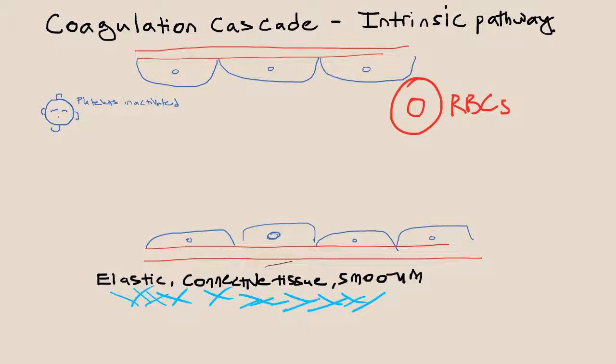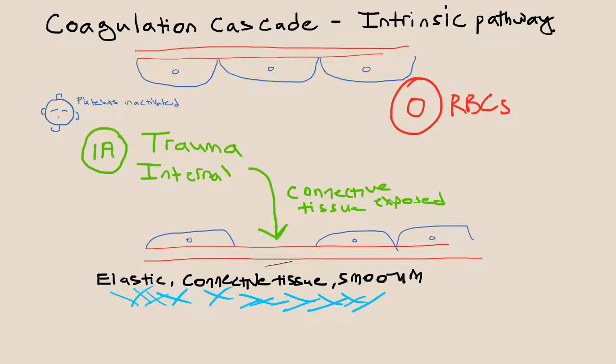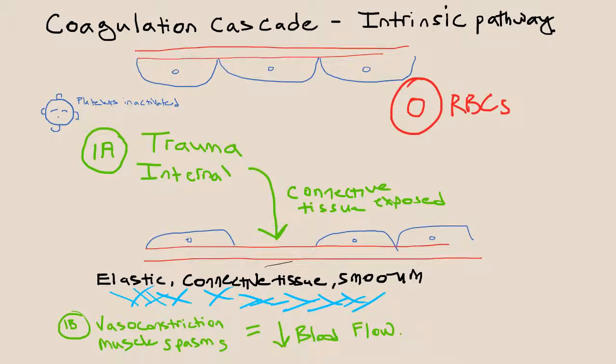You chew the Cheetos, they're still a little rough, peristalsis takes them down your esophagus, and some trauma is incurred during that. What happens? The endothelial cells incur an insult, the connective tissue is exposed, and product is released. It causes the smooth muscles surrounding that area to spasm, and that decreases blood flow.